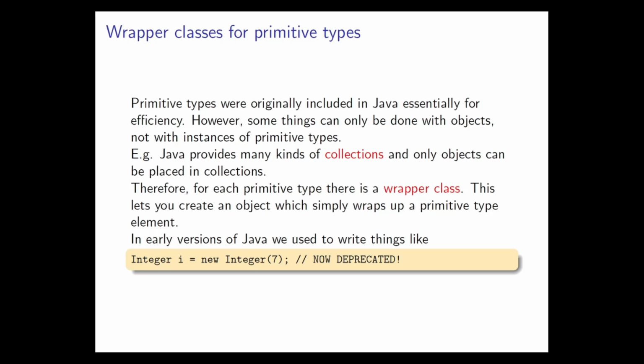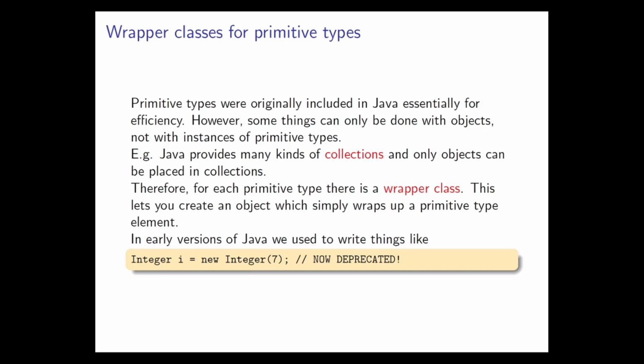Okay. There are some things which can only be done with objects. And the classic example comes when you want to be putting things into collections, which you're going to meet later on. It turns out that only objects, only instances of classes, can be placed in collections. And so that can be a nuisance.